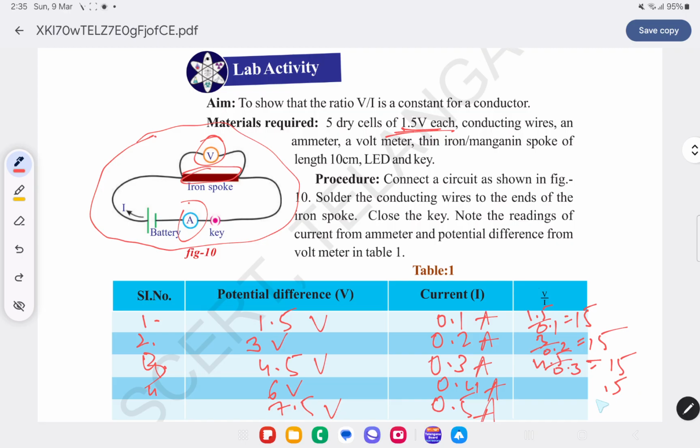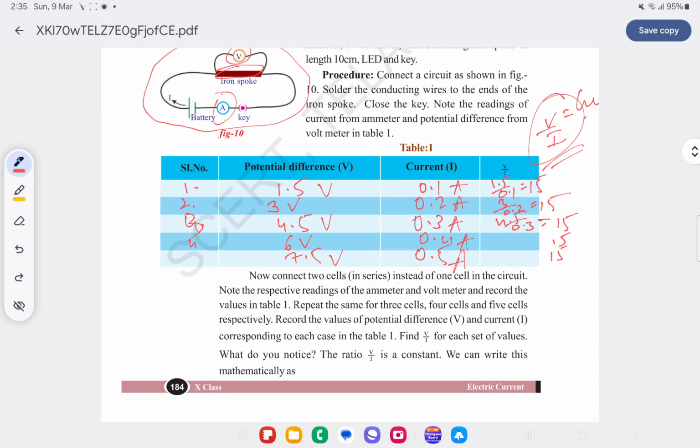So in every instance, answer will be 15. That means V by I is constant. Clear? Whenever we are doing V by I, we are getting the same value. This is our activity for Ohm's law. Here we are showing that the ratio, that is V by I, is a constant.